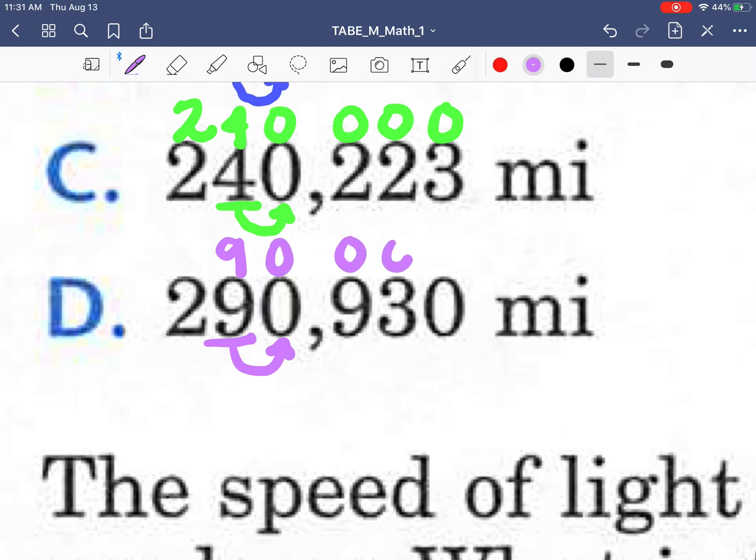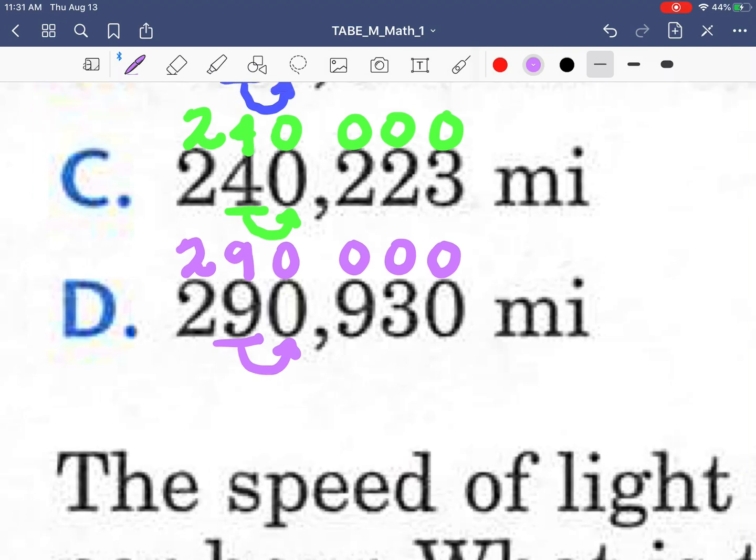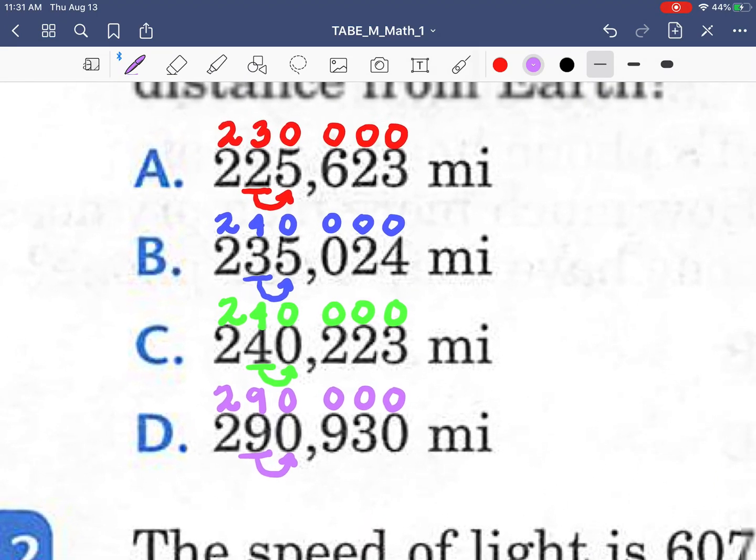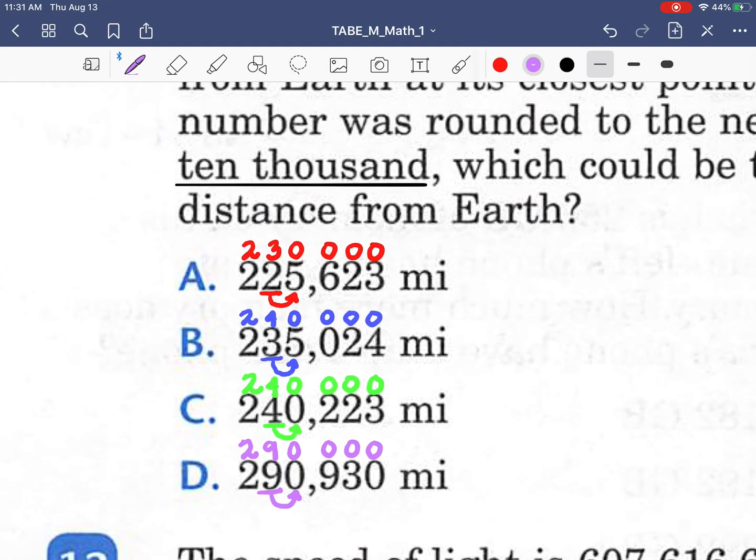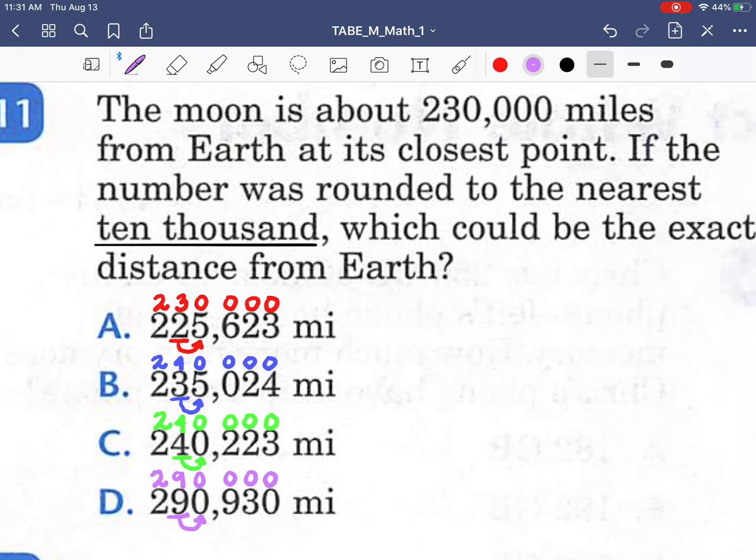Neighbors round off. Leader stays the same. So we've done our rounding. Let's look back to our comparison. We are looking for the one that matches 230,000. So the answer to number 11 is A.